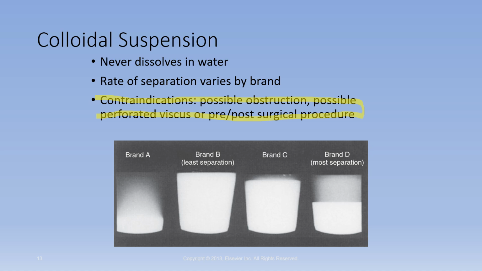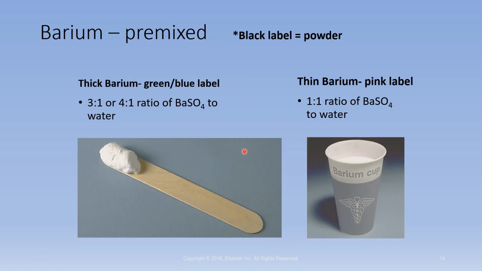Some of the barium that they show you, now these pictures don't correlate to the ones that are on page 473, but they do tell you that most barium sulfate is prepackaged, okay? Meaning you add water to the cups by mix, and then you mix the barium together.